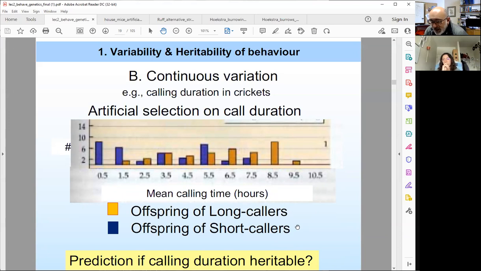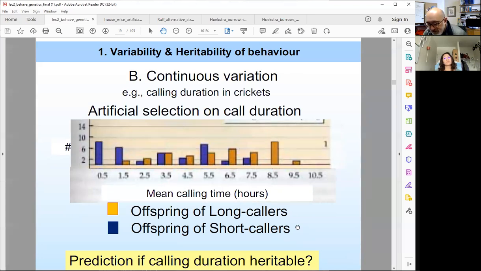You can separate out those males that call for a long period of time and those males that call for a very short period of time. And then you can breed those separately. That is, you can breed the longest callers and then try and assess their offspring to see if their offspring have long calls, and do the same for those crickets that have short calls.